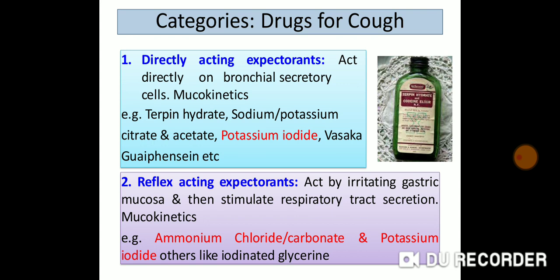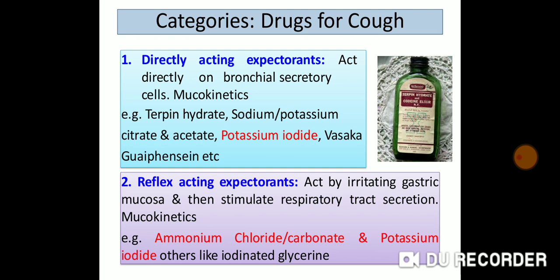Directly acting expectorants act directly on bronchial secretory cells, that is, a mucokinetic effect.